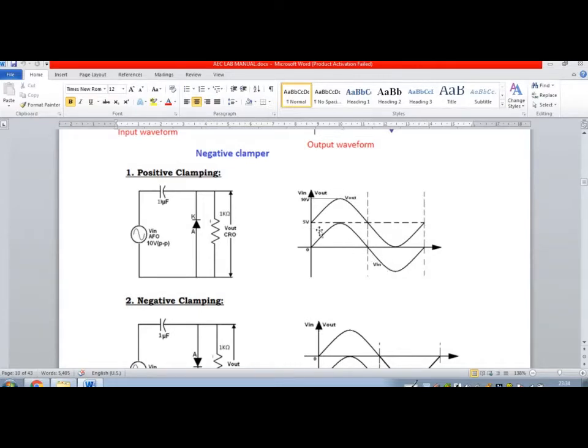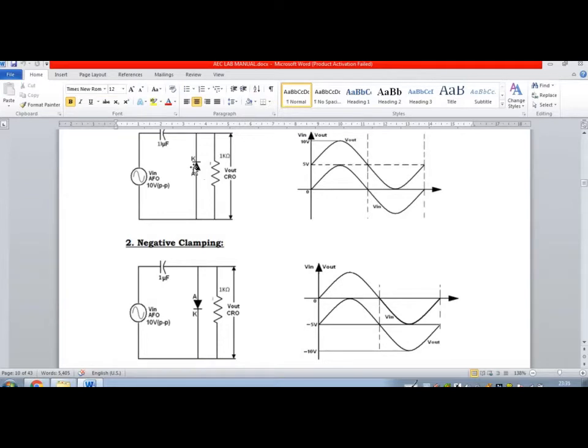Now the clamper circuit shifts the waveform in the positive region above the reference line, and we can infer that the output waveform is having a peak to peak of 10 volts above the reference line, that is in the positive region.